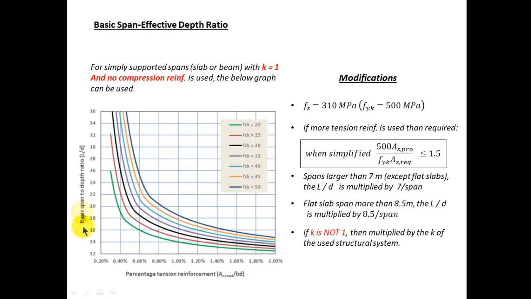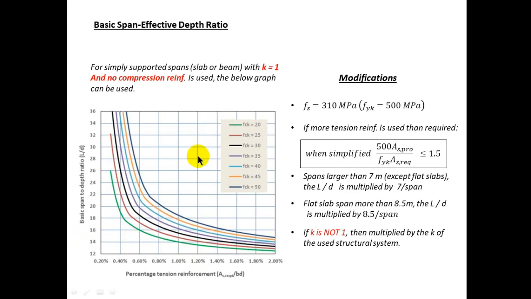I can just select my ratio from here, and that depends on the area of tension reinforcement required over the BD. This is just the rho, and say that my rho is 1.2 and I'm using grade 30. So 1.2 up to here gives you a ratio L over D of approximately 15. That's my L over D.